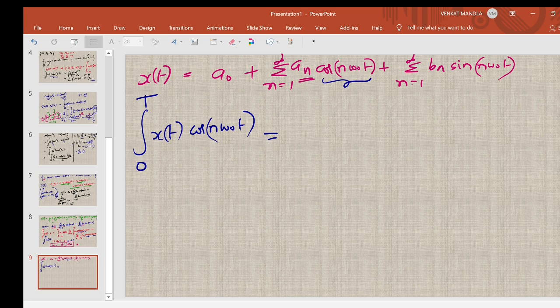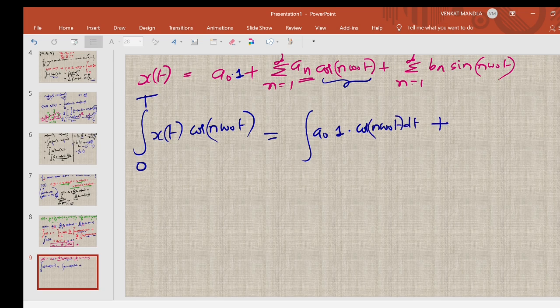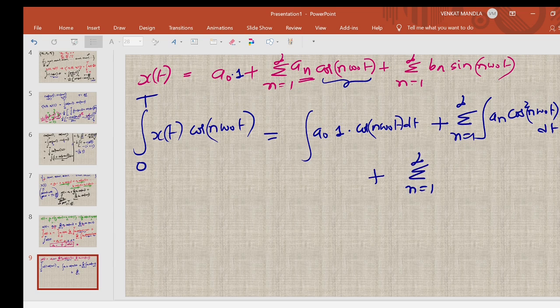First a naught into 1 into cos n omega naught t dt, plus sigma an cos square n omega naught t dt, plus sigma bn sin n omega naught t cos n omega naught t, integral of 0 to T.